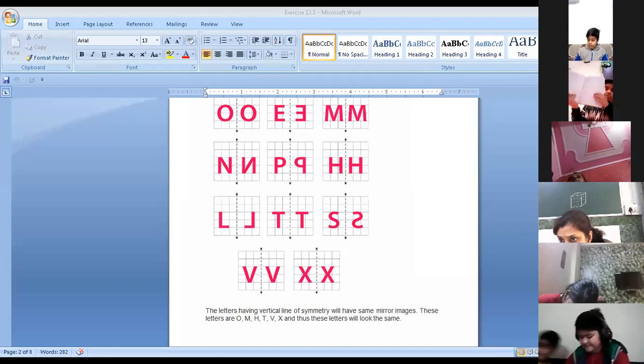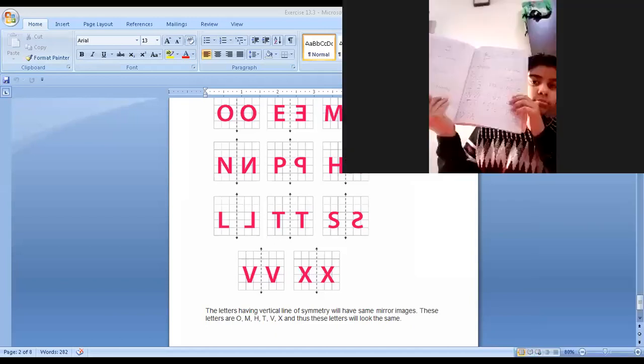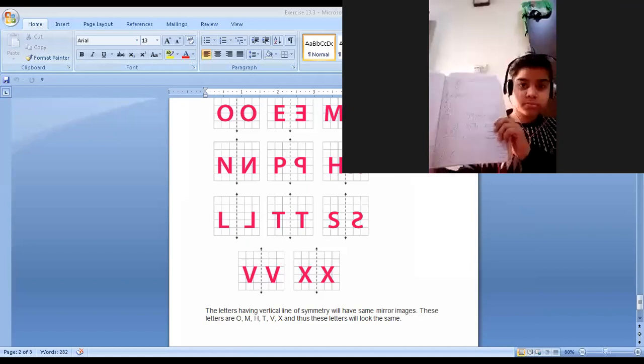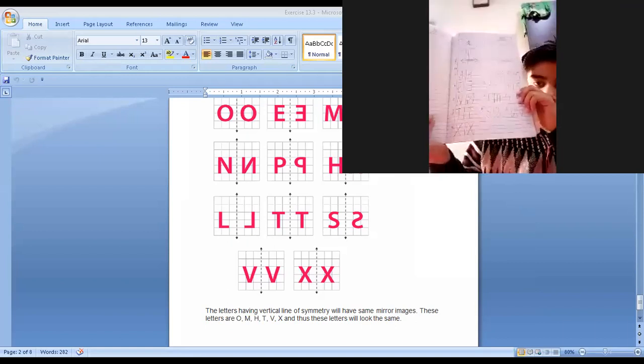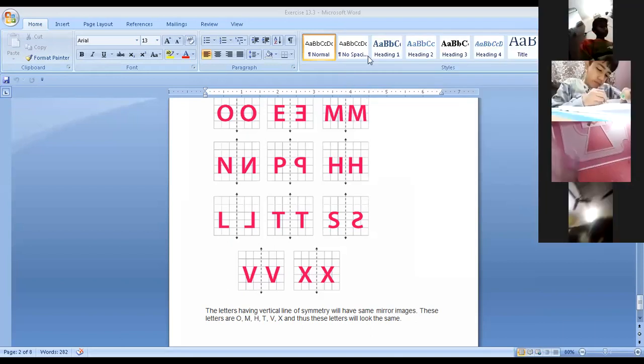Wait, I'm seeing. Hold it. Give a little more closer. Wait, you have to use the graph sheet. Okay, ma'am. Draw it on a graph sheet, beta.